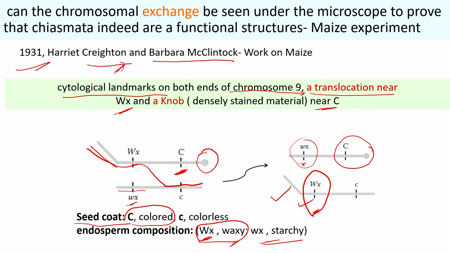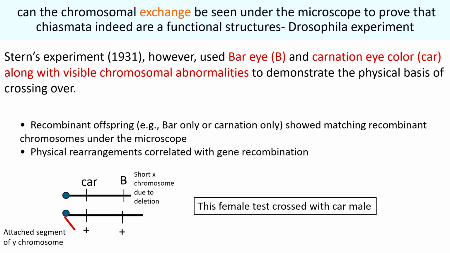So that is how she was able to clearly demonstrate that indeed when crossing over takes place, chromosomes exchange the segments. And similarly, on almost similar lines, at exactly the same time, 1931, Stern also showed, using Drosophila, the fruit fly, that chromosomes exchange their fragments. Almost a similar strategy, if you see.